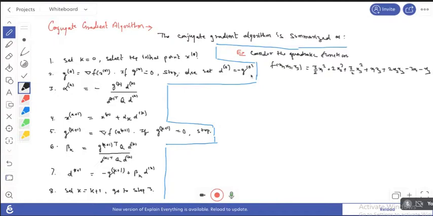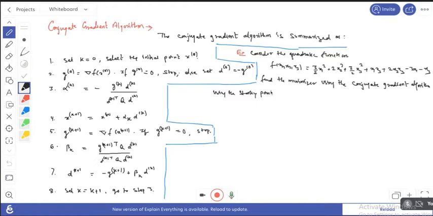You have to find the minimizer using the conjugate gradient algorithm, using your starting point.